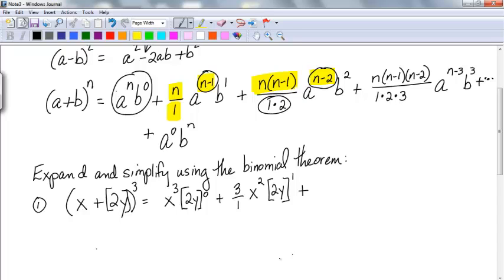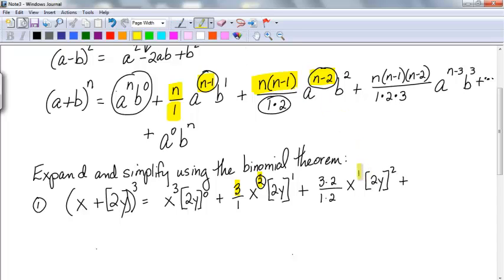Plus. Then to get the coefficient in front of the second term, you take this exponent times the number in front. So it's 3 times 2, and increase the number on the bottom that you're multiplying by, 1 times 2. And then x to the, decrease this exponent by 1, x to the first, and 2y to the second, plus.